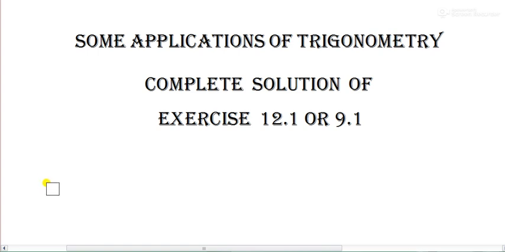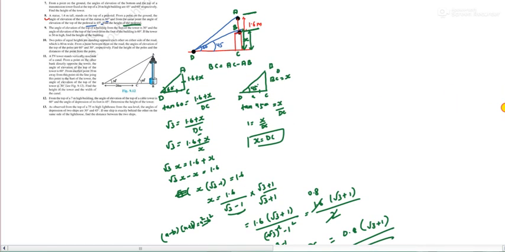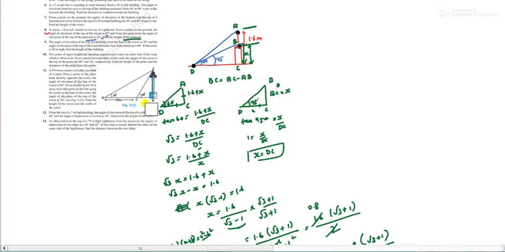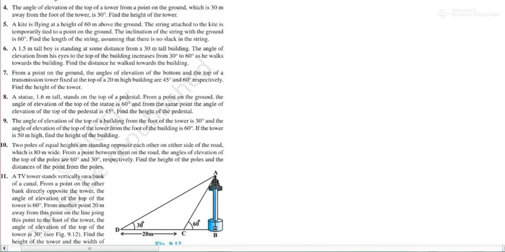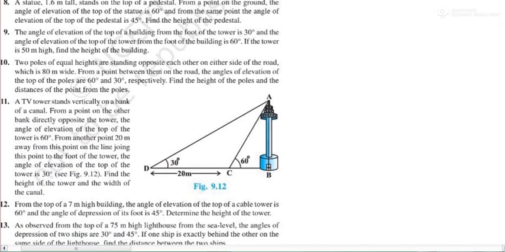Only then you are going to understand it completely. Last time I had completed till question number 8. Today I will be solving from question number 9. We'll continue this, so let us start.